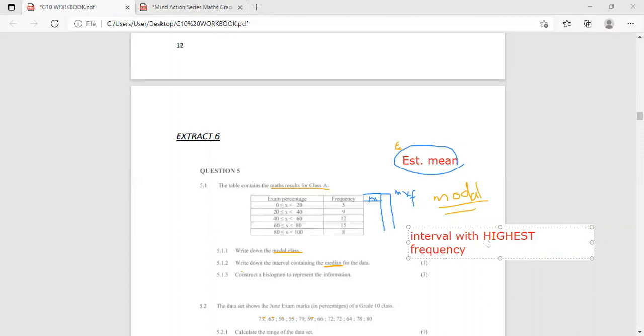That is the modal class. If you want the modal class, it is the interval with the highest frequency.